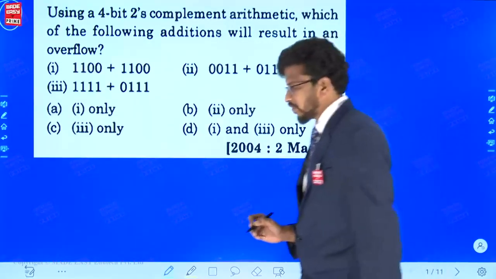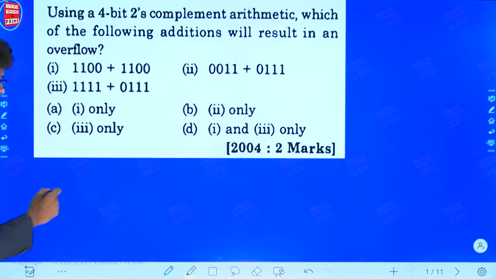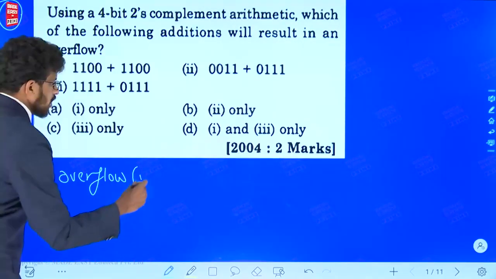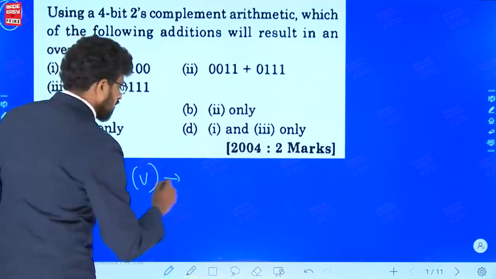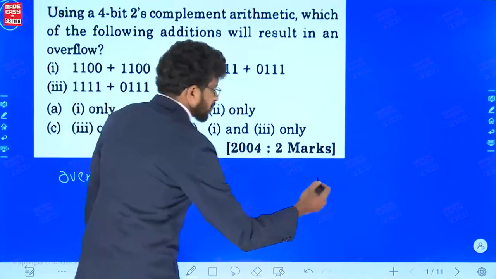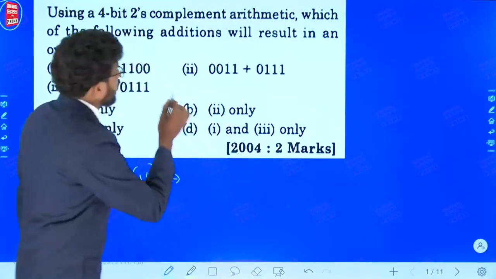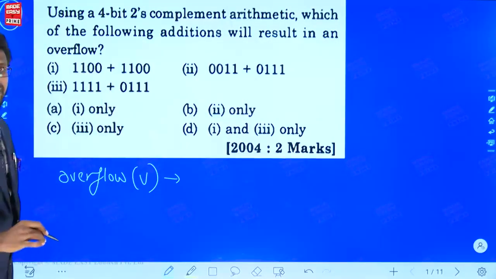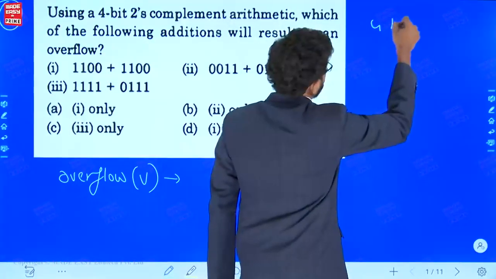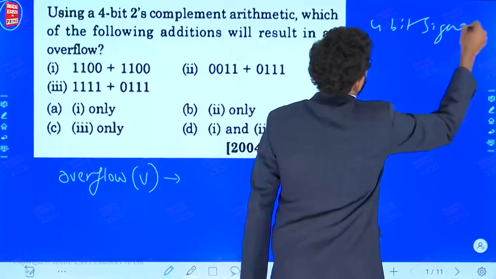Always overflow. What is overflow flag? Overflow flag, I told you some conditions. Overflow, I am denoting it as V, may take place in 2 conditions. How? Number 1, the data is 4 bits only. Observe carefully. 4 bits means in signed data, what is the notation? 4-bit signed data.